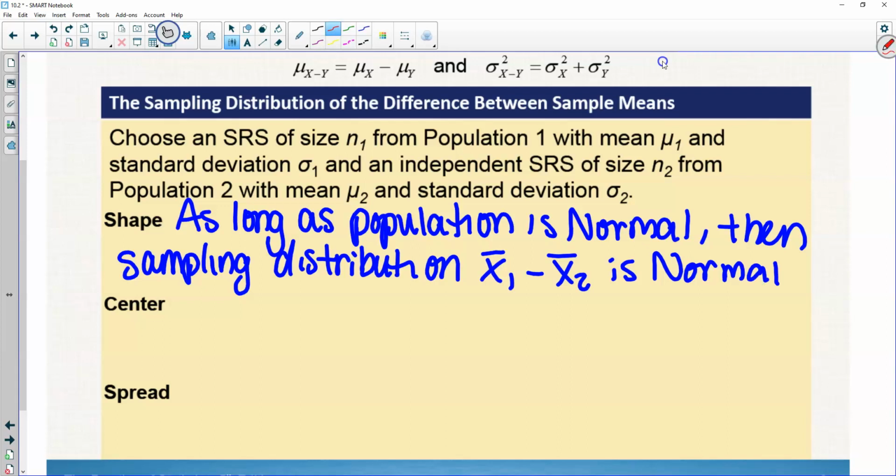If we don't know the population shape, then we have to have at least 30 for both of our sample sizes. We'll cover that again in a little bit.